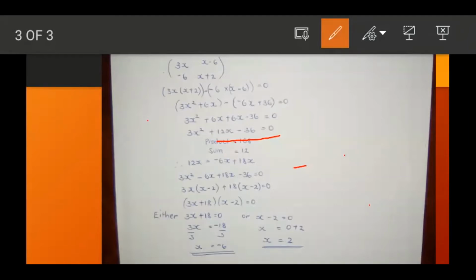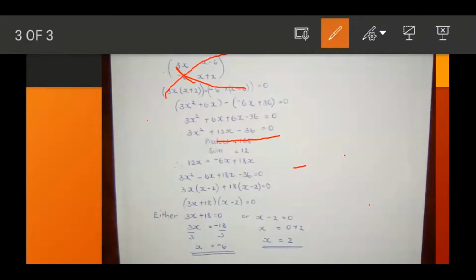Okay, we are not looking for the adjacent. We are just looking for the determinant. And the determinant is got by subtracting the product of the first diagonal, 3 times x plus 2, and this one, negative 6 into x minus 6, is equal to 0.